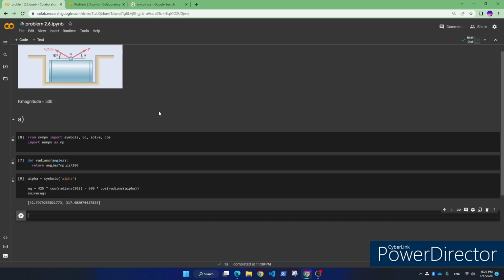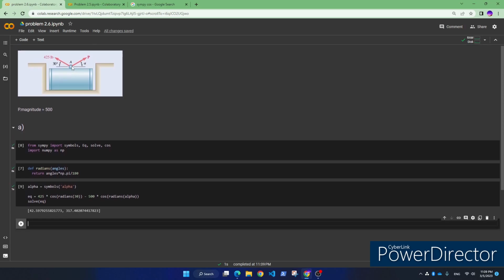So there are two solutions to our equation. It's either 42.6 or 317.4. And we know for sure that this is our 0, right? So when we start going this way, the 42.6 will be somewhere here, while the 317 will be in the opposite direction here, which means it will cancel it in the y, and this is the requirement that we put.